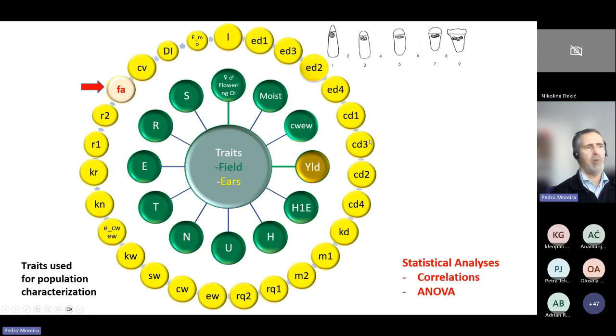I will not go into detail, but this ear, for instance, is the length of the ear, the ear diameter, then the cob diameter, kernel diameter, etc. This information is important for the characterization of our populations, and if the traits are really important for us, then we need to do the statistical analysis and some correlations and other analyses that were shown in the morning, like PCA, etc.